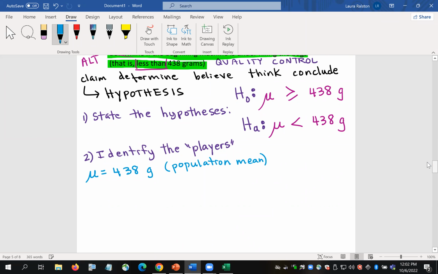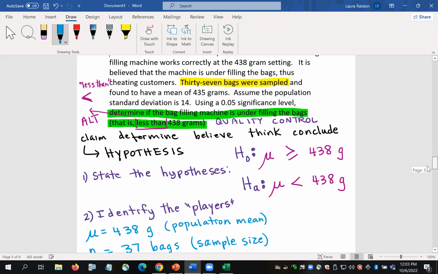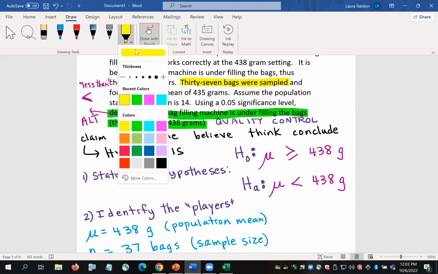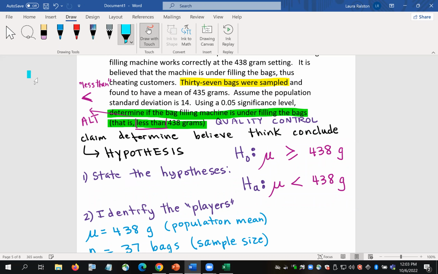Then it tells me that my sample size was 37 bags. That's n. It's almost like dissecting a sentence. And found to have a mean of 435 grams. Now, you have to be careful here, guys.